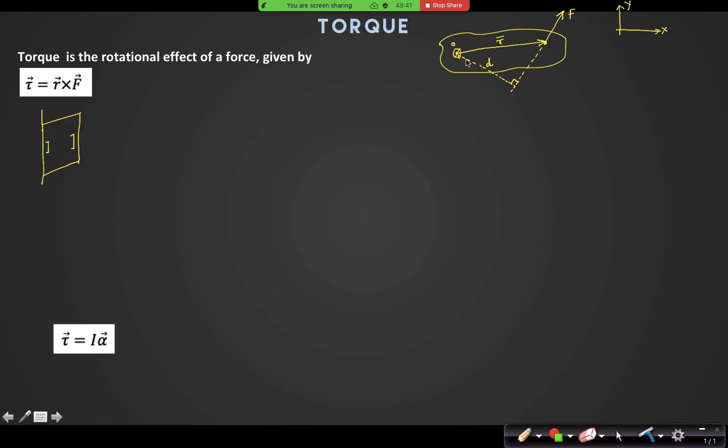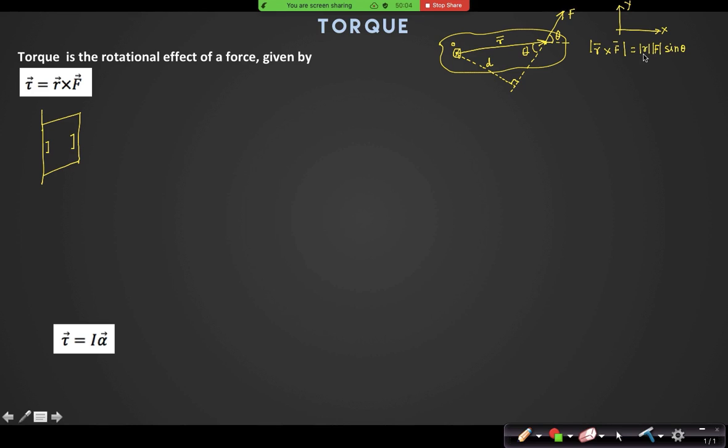Why is this d important? If you calculate this angle theta, r cross F, the magnitude, is mod r mod F sine theta. That is dF.